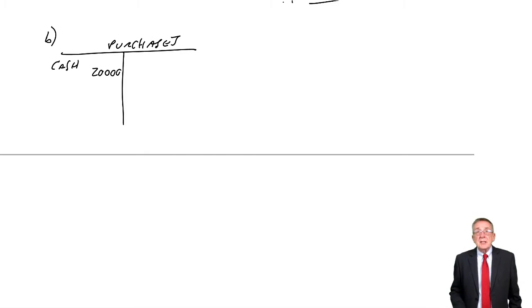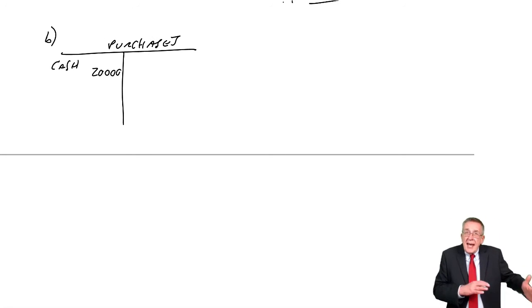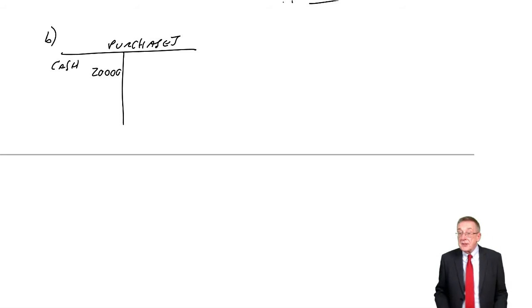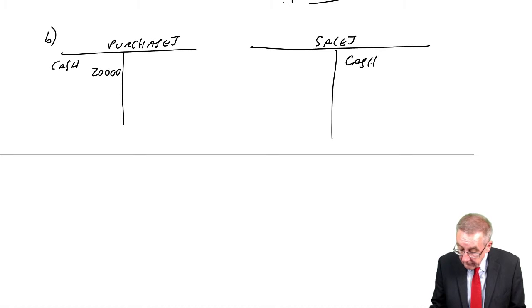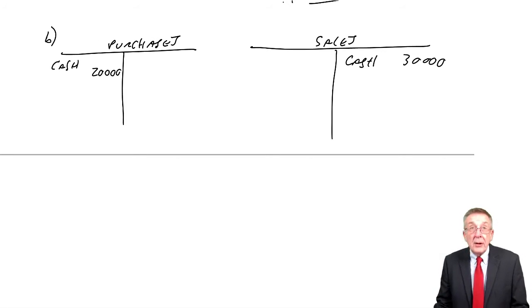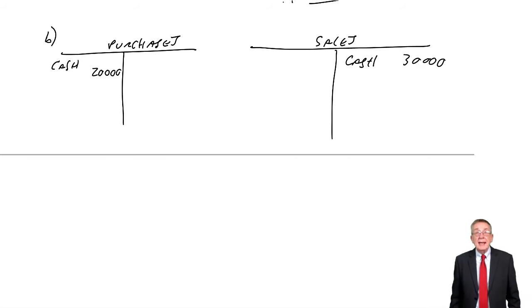We make sales of 30,000. Debit cash or receivables, credit sales 30,000. That's all the bookkeeper will have done. The bookkeeper records every purchase, every sale.